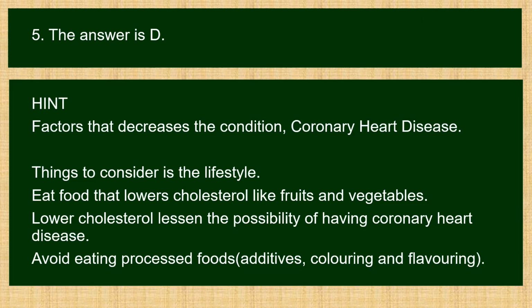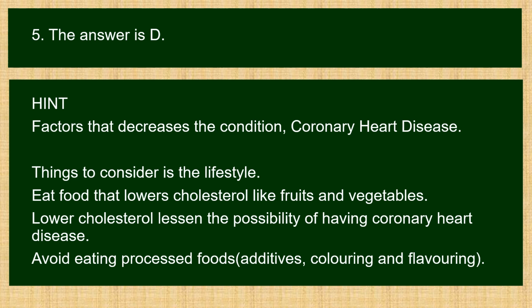The hint in this last question are factors that decrease the condition, which is your coronary heart disease. What should a person do in order to decrease such condition? So, first, consider lifestyle. Eat food that lowers cholesterol, like fruits and vegetables.